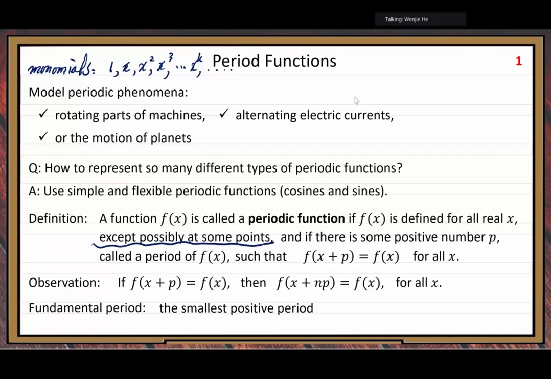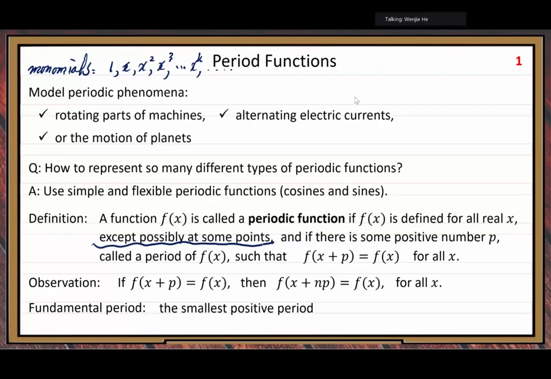In that case, we allow it, we accept it in our representation.